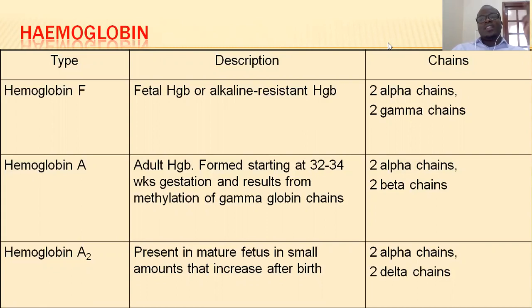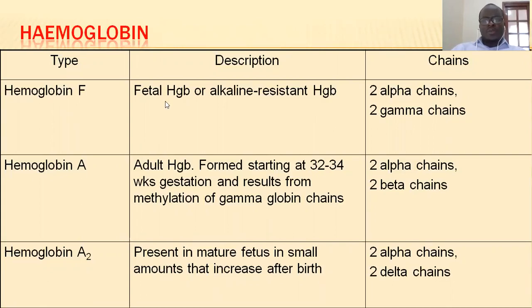So as a fetus, it's able to extract oxygen from the placenta. As the maternal circulation is moving in the placenta, it's able to extract that oxygen because it has a greater affinity as compared to that of the mother or maternal circulation. Then you have fetal hemoglobin that is shown here.